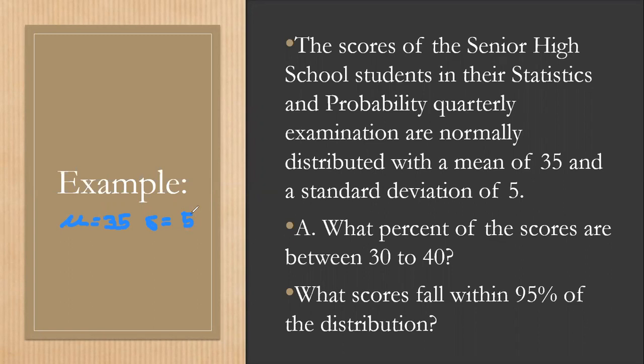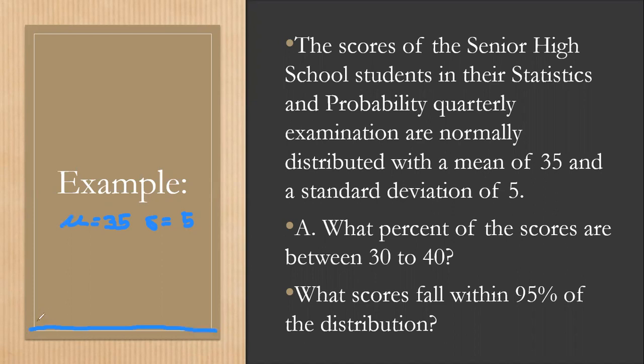Since we have here two questions in which we need to find the percent of scores falling between 30 to 40 and the scores that fall within the 95% of the distribution, we need to draw the normal probability distribution. Okay, so sorry for the drawing.